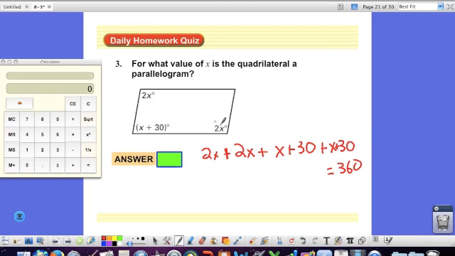So we would have 2x, 4x, 5x, 6x. 30 plus 30 is 60, equals 360. Subtract the 60 from both sides. 6x is equal to 300, and x is equal to 50.